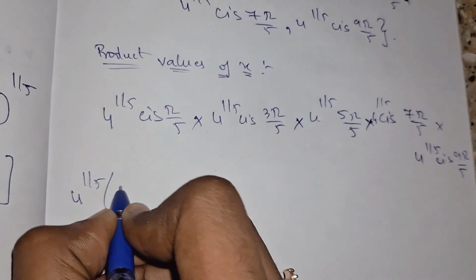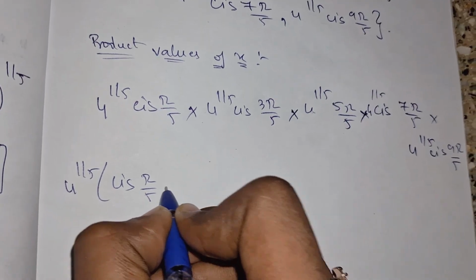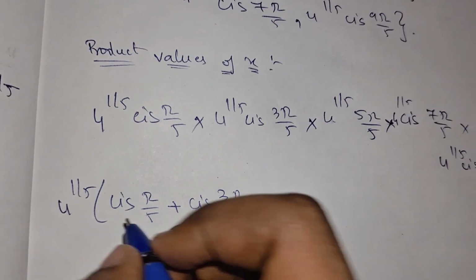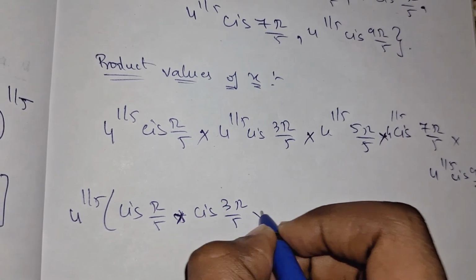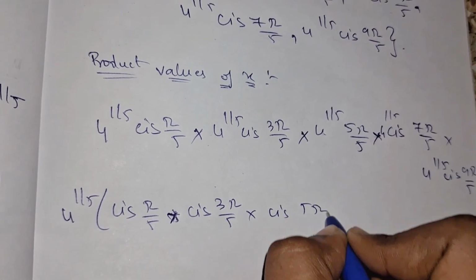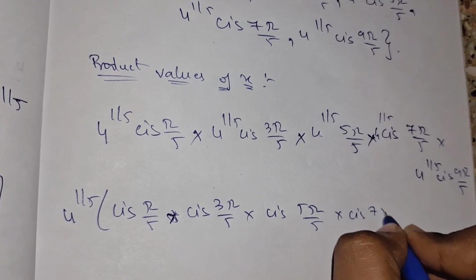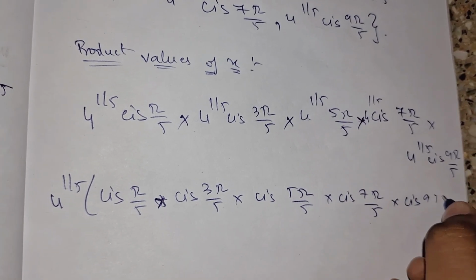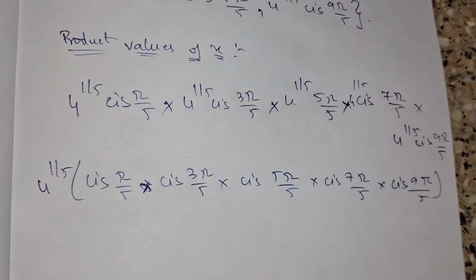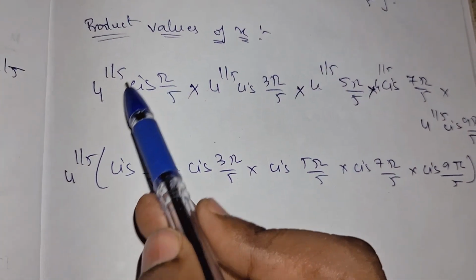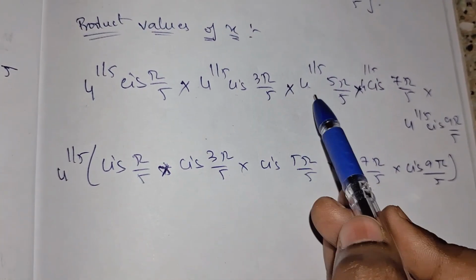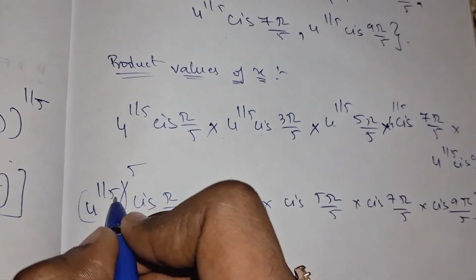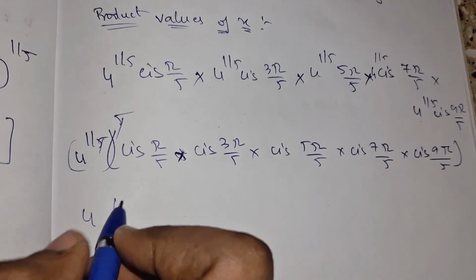Taking it common, I'll get cis pi by 5 into cis 3 pi by 5 into cis 5 pi by 5, cis 7 pi by 5, cis 9 pi by 5. Okay, this 4 to the power 1 by 5 is 5 times, 1, 2, 3, 4, 5. Therefore you will get whole to the power 5 here. 5 gets cancelled, so you will get 4.